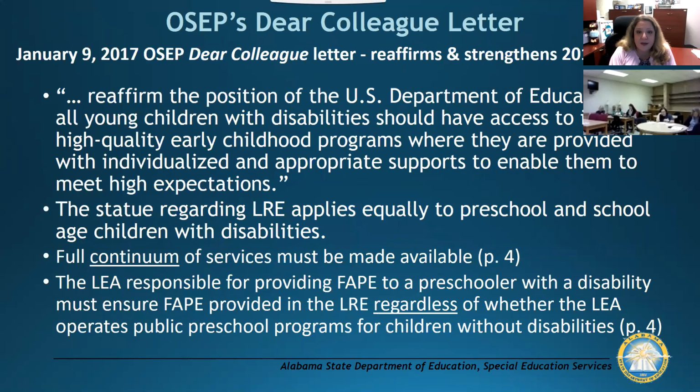This letter is to reaffirm the position, because there were a lot of questions about preschool LRE at the time, to reaffirm the position of OSEP on the inclusion of children with disabilities in early childhood programs. It says that a full continuum of services should be made available to these children, and that the LRE decisions for preschoolers should be based on the needs of the child and not the programs or the convenience of the LEA.